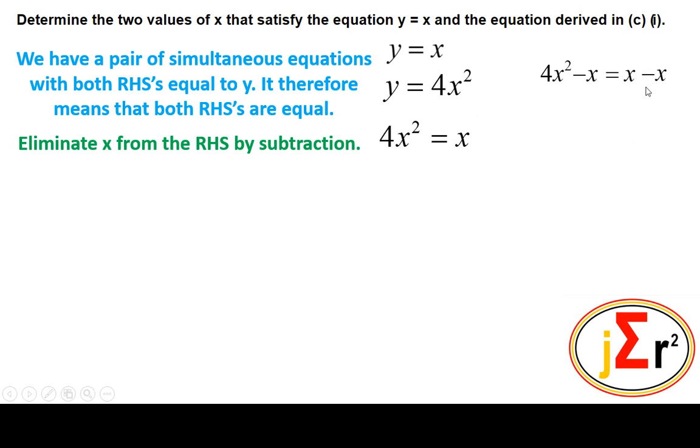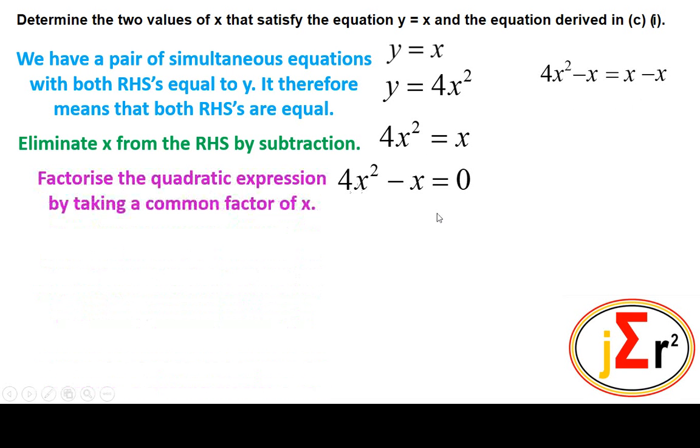And we will keep the equation balanced by subtracting x from the left-hand side also. So consequently, we will have 0 on that right-hand side, and on the left-hand side we have 4x squared minus x. What we have there is a single quadratic equation with that quadratic expression on the left-hand side.